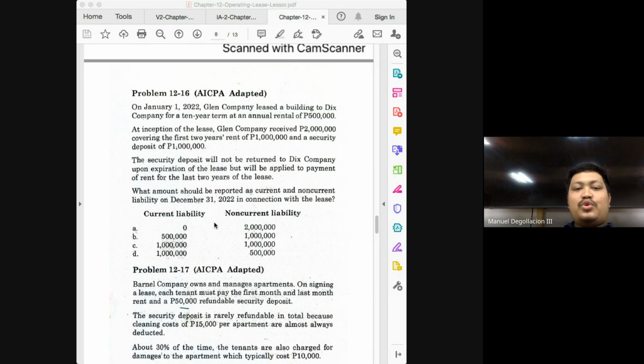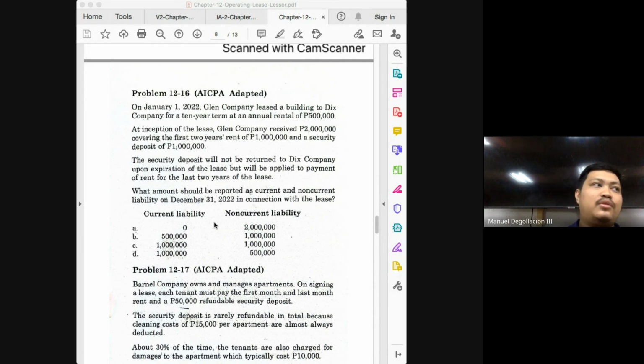Now, what do we do with the second 1 million? That would still be reported as a liability because that amount is unearned. Why have you not yet earned that one? Because that will only be earned on the last 2 years of the lease. But why is that not a current liability?